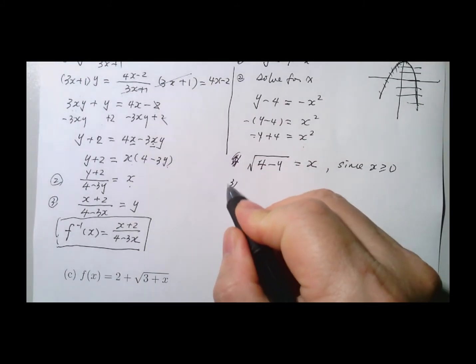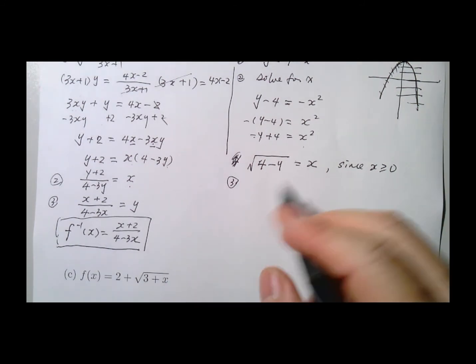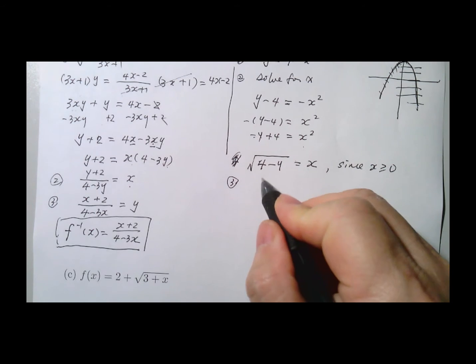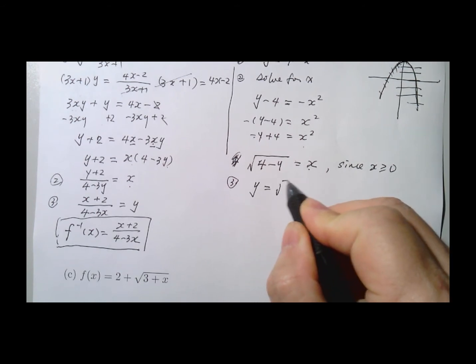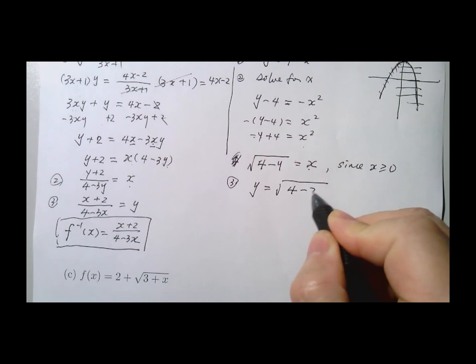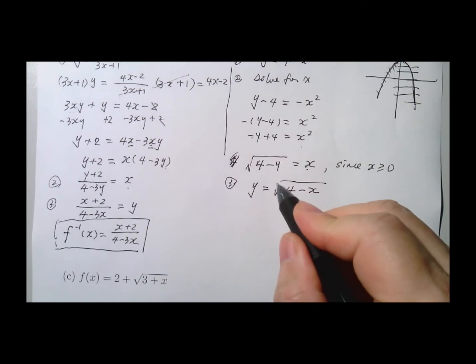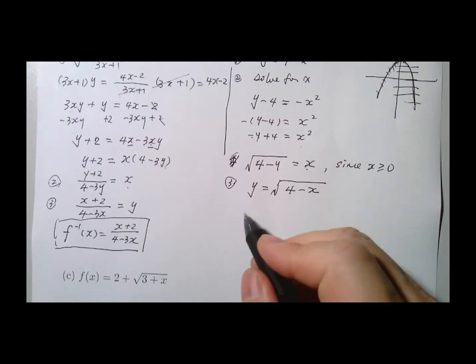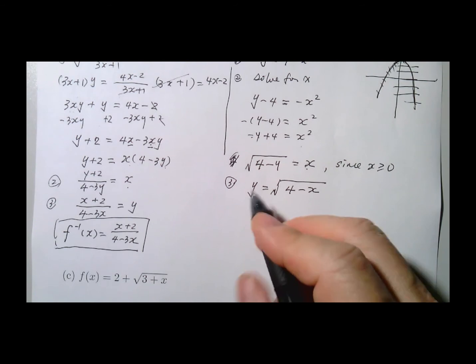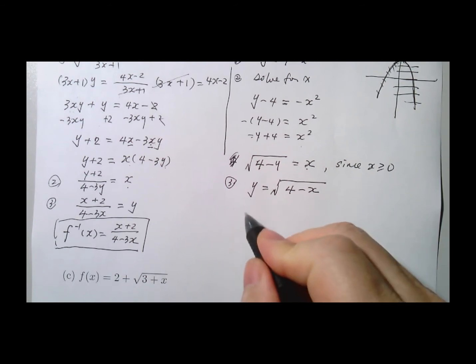The third step, we interchange x and y. So here we're going to rewrite this as y. So we write y equal to the square root of 4 minus x. Okay, so that's what we have here. And now, finally, we have to write the y as f inverse of x.